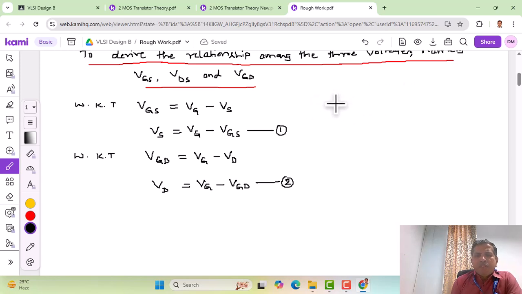Similarly, let us write for VDS. We know that VDS equals VD minus VS. Let us call this equation 3.